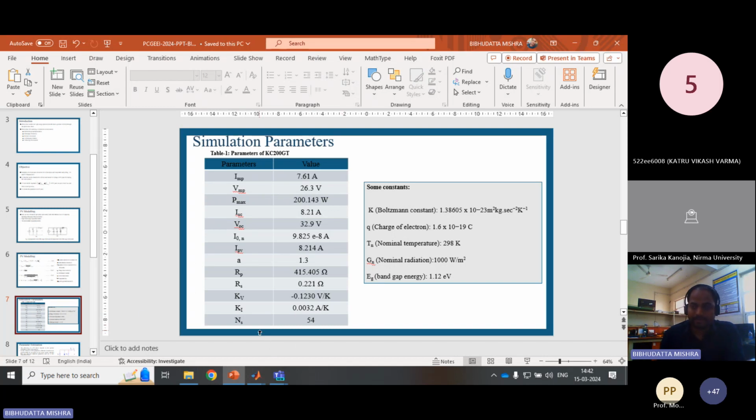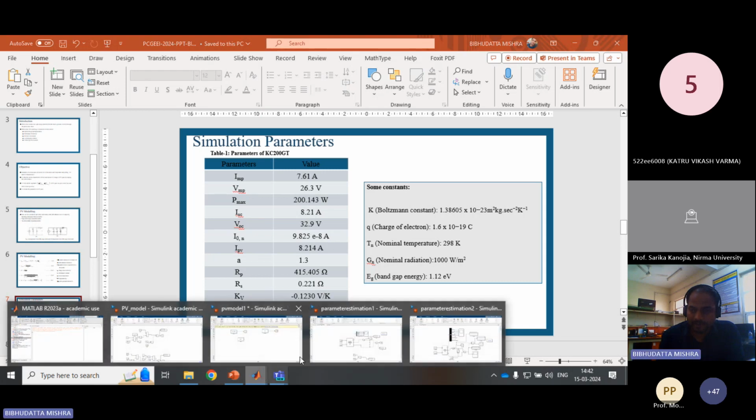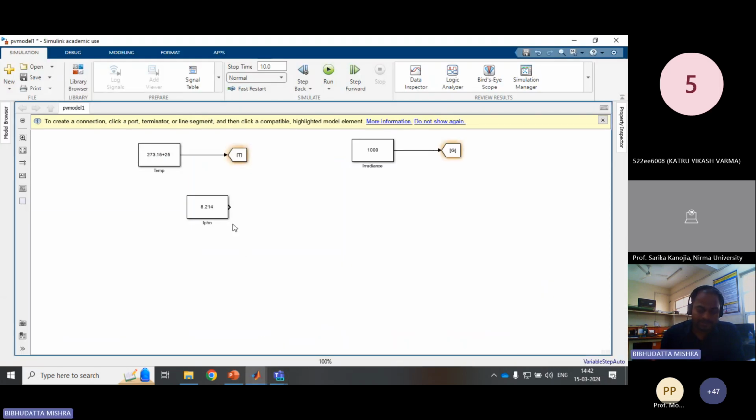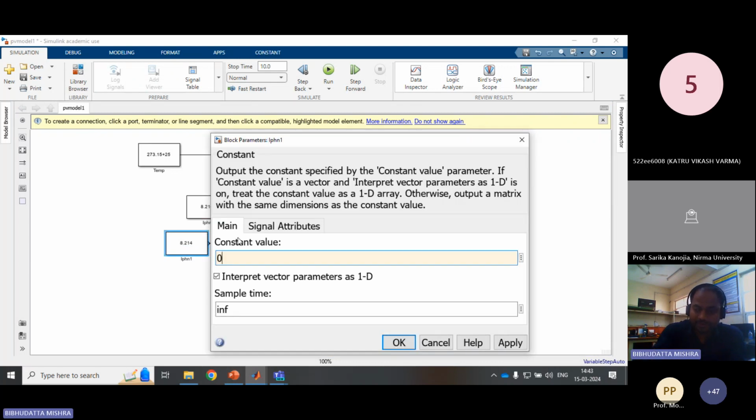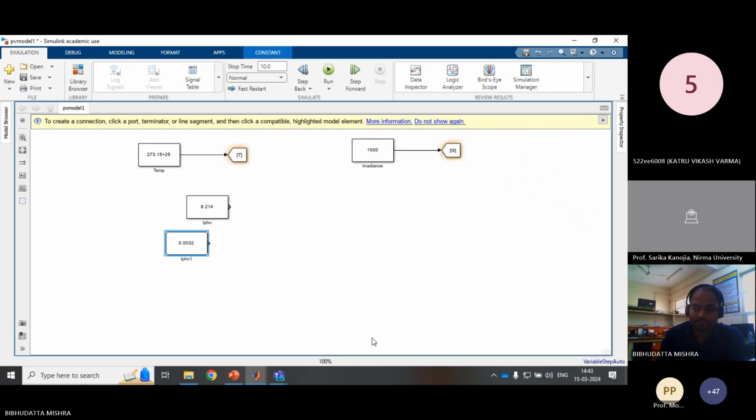Referring to the parameter values, we can model the same. So IPHN, so KI into delta T, and the value is 0.0032. Delta T means T minus Tn.